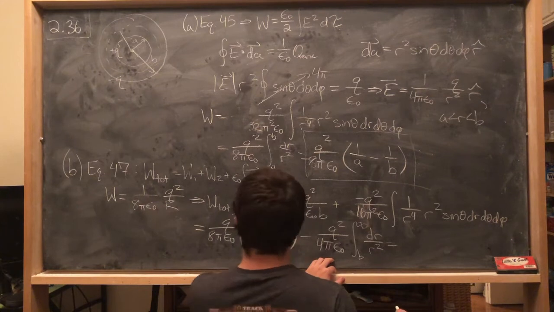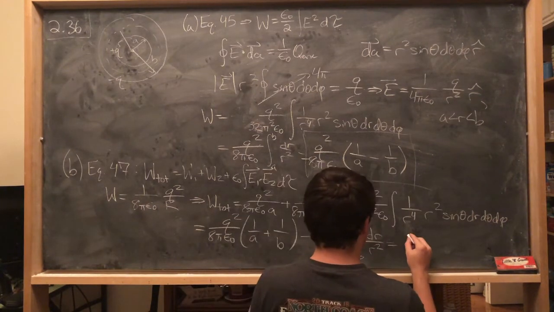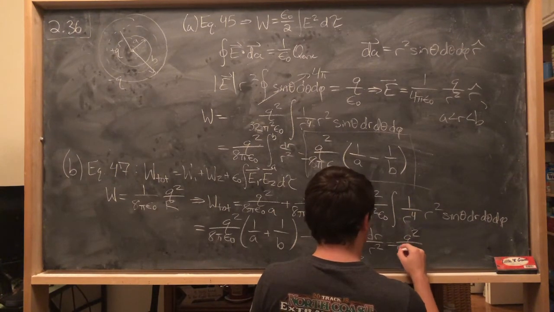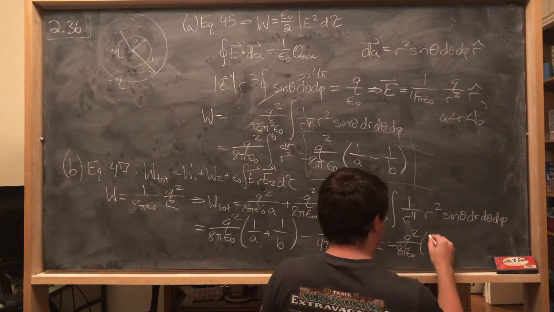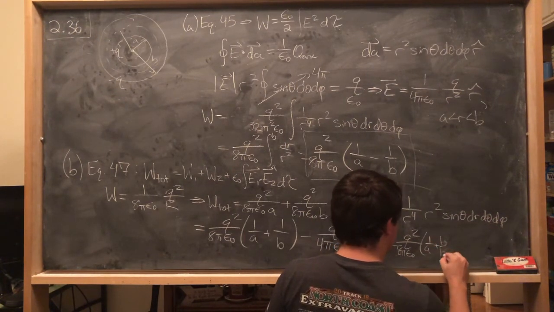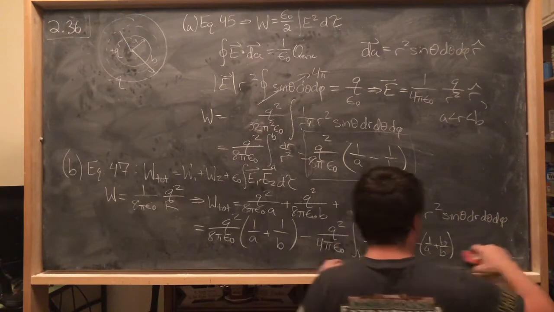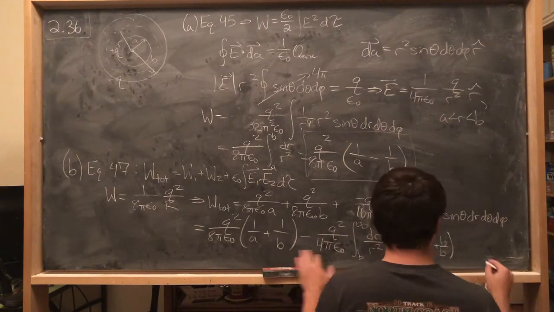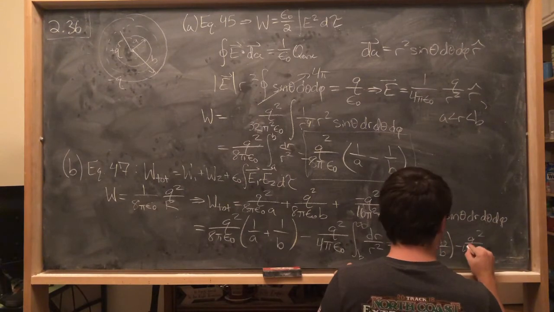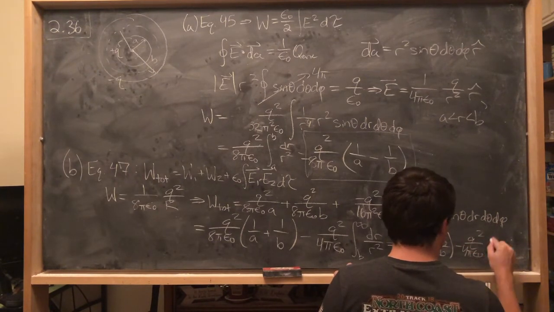There's going to be Q squared over 8 pi epsilon naught times 1 over A plus 1 over B, minus Q squared over 4 pi epsilon naught.